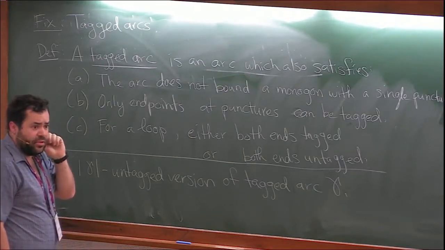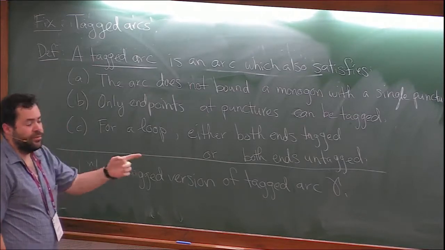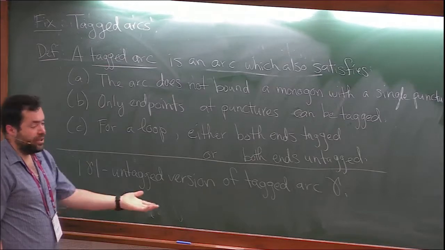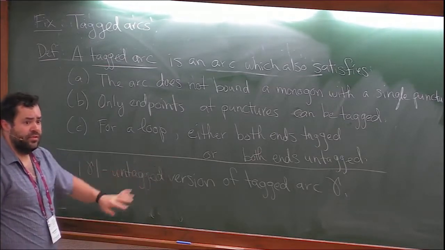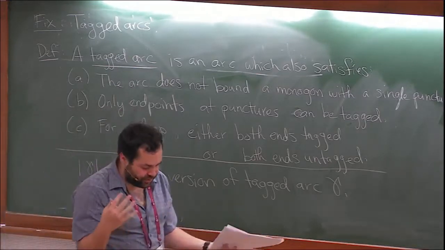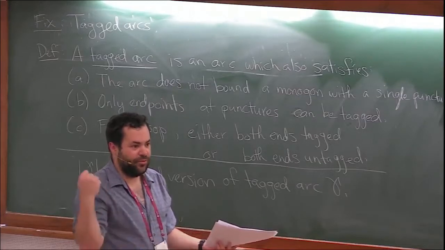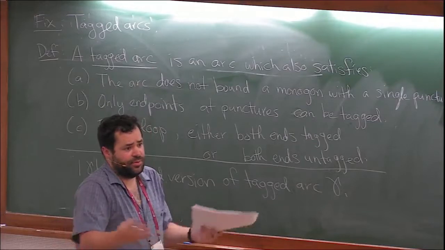I'm going to tell you what compatible means. And it'll be the unique way to add in an arc, to remove your old arc, add in a new one, such that everything is compatible. So there will always be a unique way to do this.